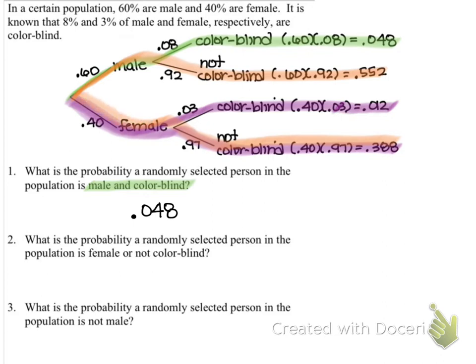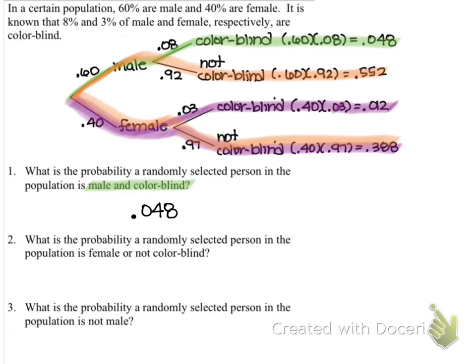So this is a lot like when we did the area model where we had stuff that kind of overlapped. So what I would do is go through, figure out the probabilities at each of those branches. So all the orange branches, then we have all the purple branches. But notice that one of the branches is both purple and orange. So we just want to make sure that we don't double count that.